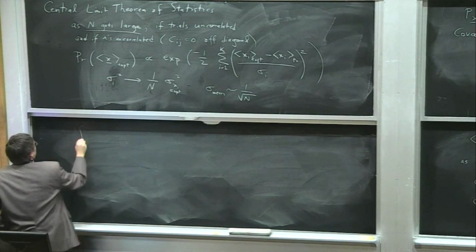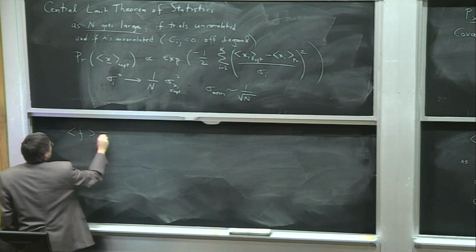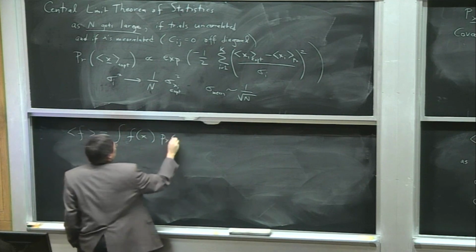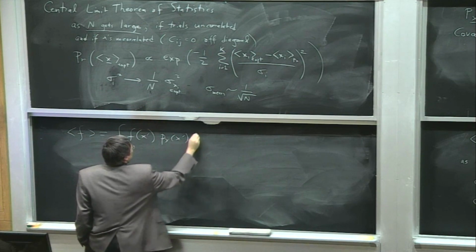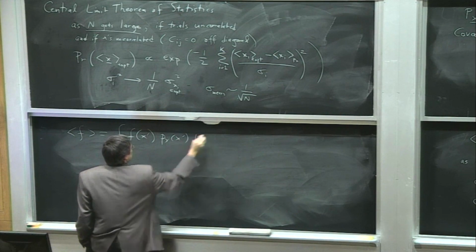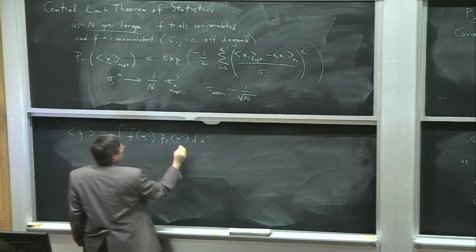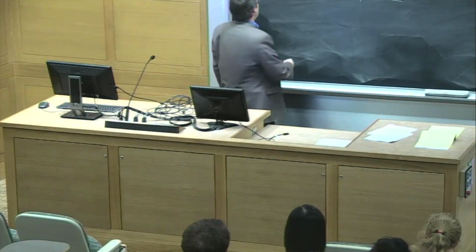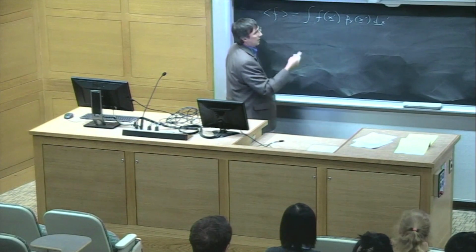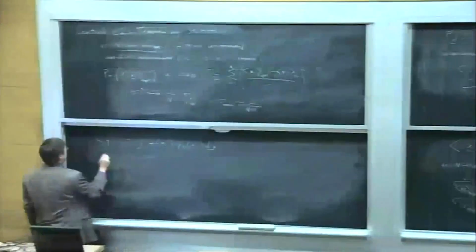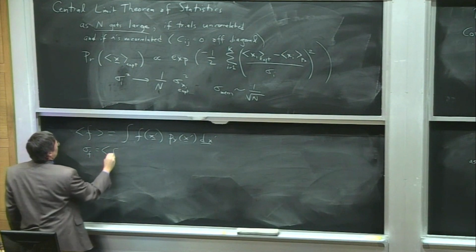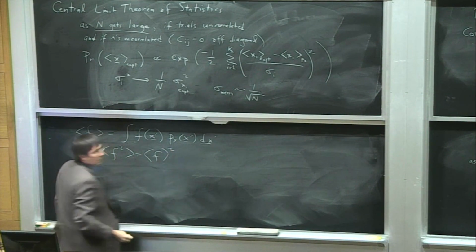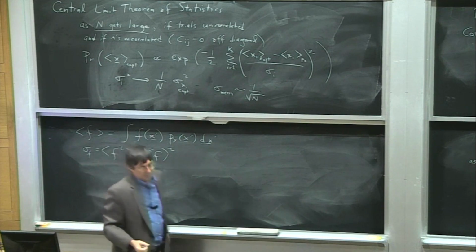Remember I said that the average value of f is equal to the integral of f of x, p_x of x, dx. And I can make these vectors if I want. And I can compute my function, get some number, and compute the variance. I have a sigma f. And this is something I like to do a lot of times.